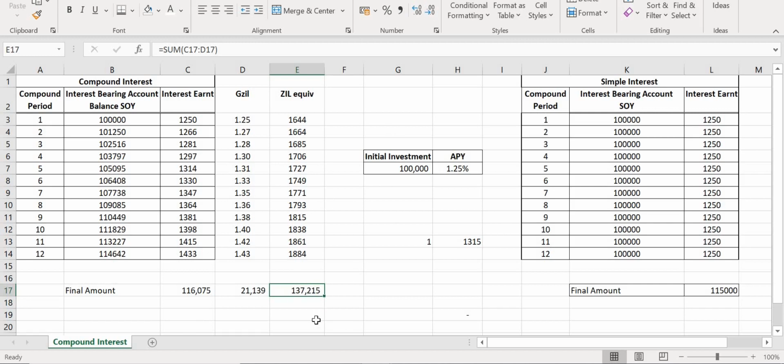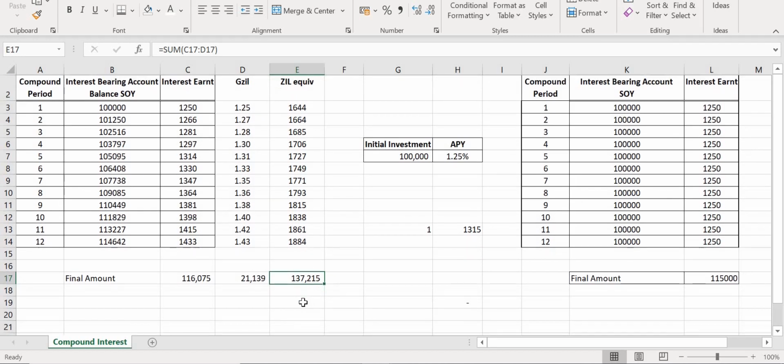And we ended up getting 137,215 ZIL. So as you can see, we started off with 100,000 ZIL and we ended up with 137,215. So what is that as a percentage?